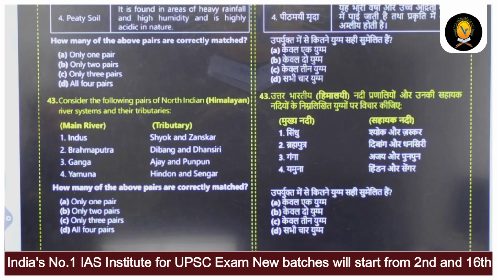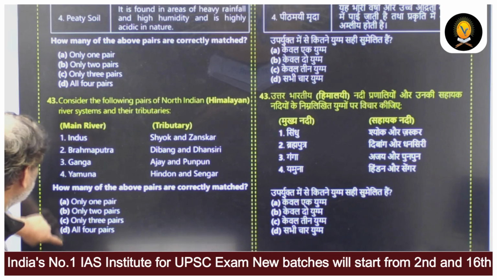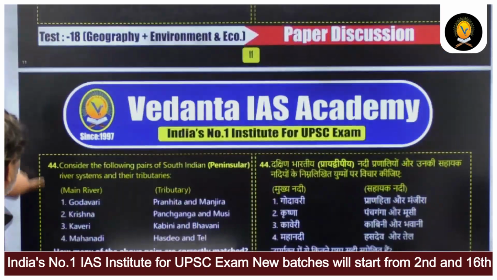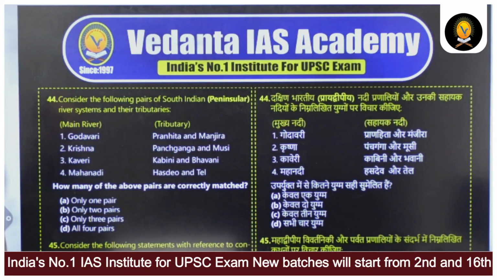Hindon and Sengar are both tributaries of the Yamuna, so all 4 pairs are correct. Now consider the following pairs of South Indian rivers: Godavari, Pranhita and Manjira; Krishna, Panchganga and Musi; Kaveri, Kabini and Bhavani; Mahanadi. Yes, all 4 pairs are correct.